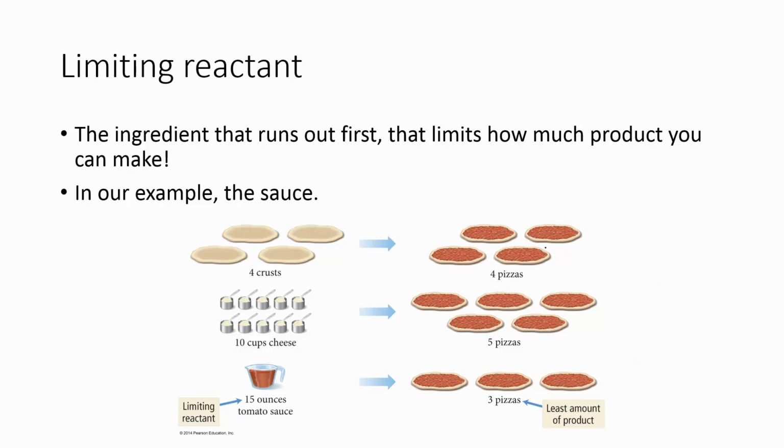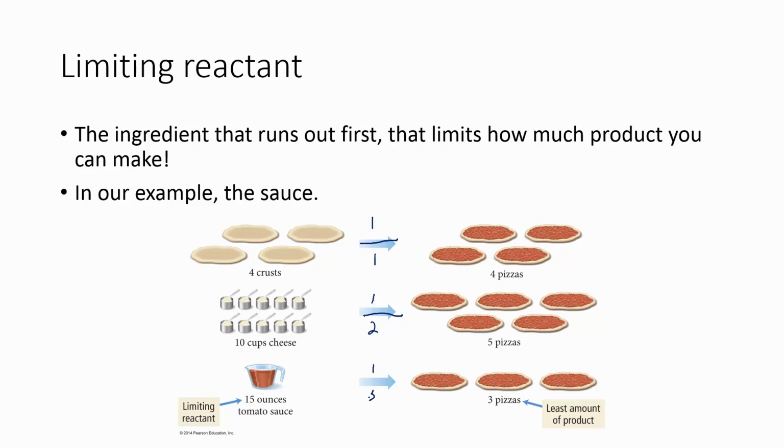So let's look at that. In case all those numbers didn't make any sense, we can do it this way. 4 crusts. It's a 1-to-1 ratio between crusts and pizzas, so I can make 4 pizzas. 10 cups of cheese. That is a 1-to-2 ratio, so I can get 5 pizzas out of that 10 cups of cheese. 15 ounces of sauce.